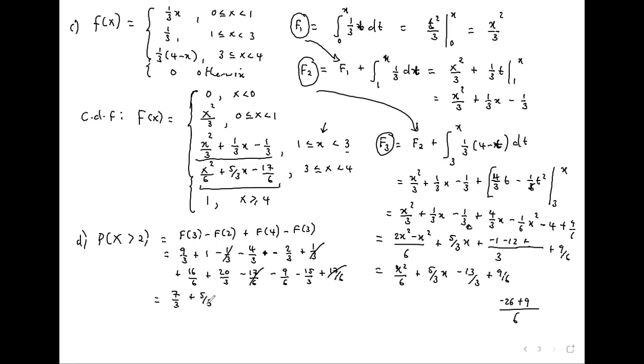So these are gone, these are gone, and then plus 1. And then there 16 minus 9, that is 7 over 6. So 6 can be done. Let's see what we get.